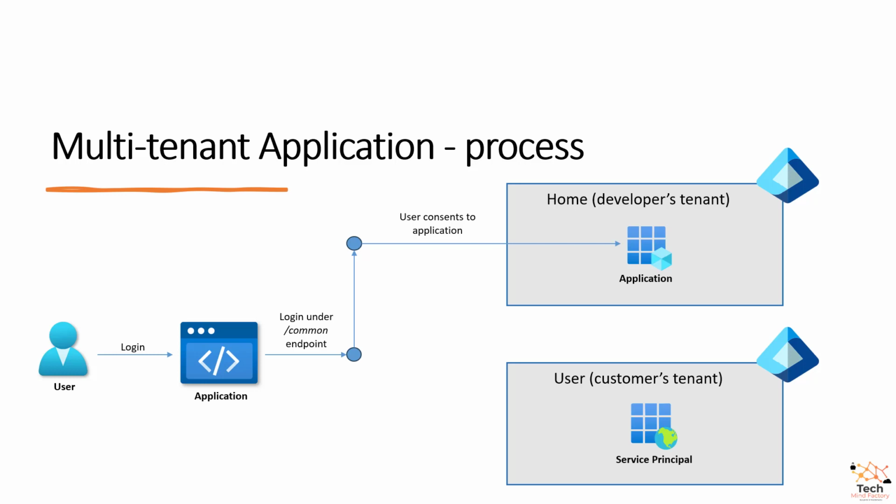So the user has to grant consent, so has to grant those permissions to the application, so the application can act on behalf of the authenticated user. When the user has consented successfully, something called a service principal will be created, and this is really important here. So let's talk about it in a minute.